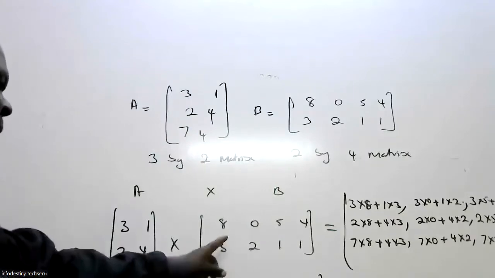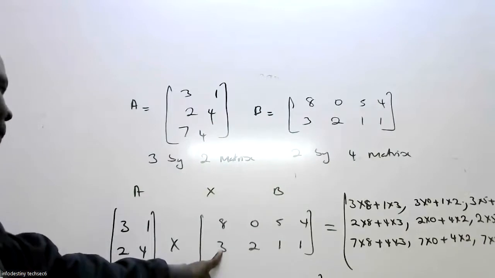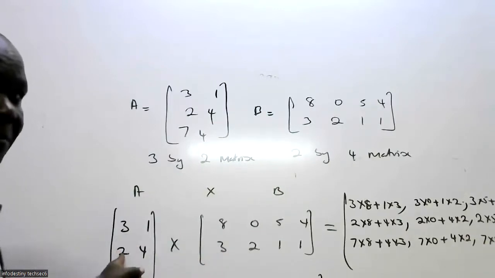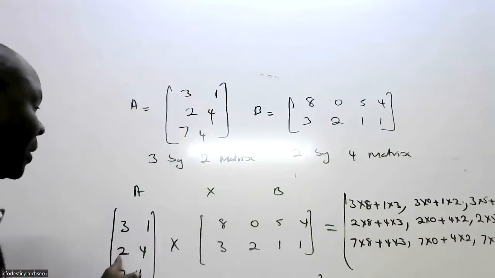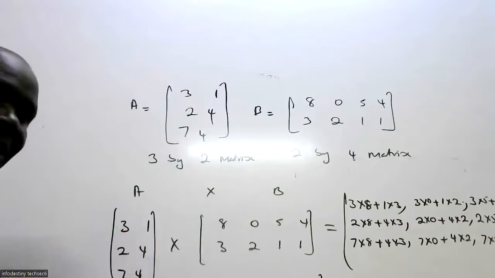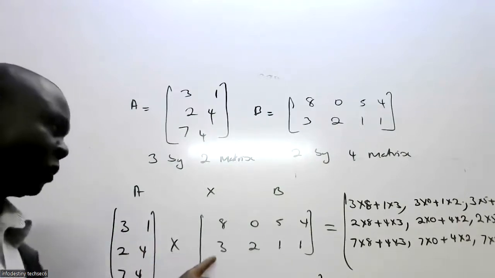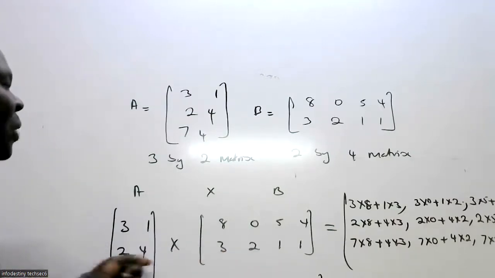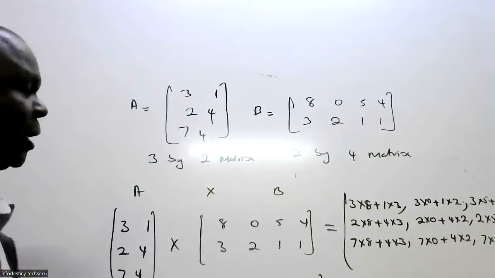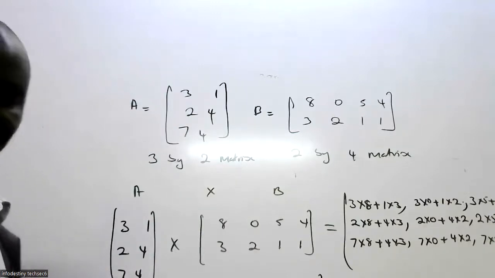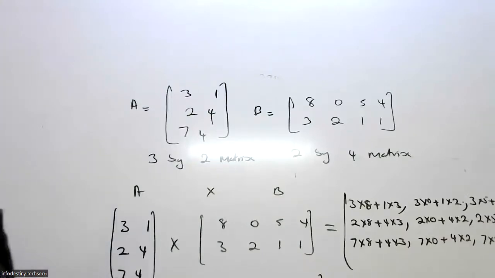When you start with this one, you cannot take this to multiply by this, but you can only multiply this one times this, because you look at the column versus the row. We have 2 columns and we have 2 rows. When we interchange this one to be the first one, we are going to have 4 rows, and how many columns? 3.